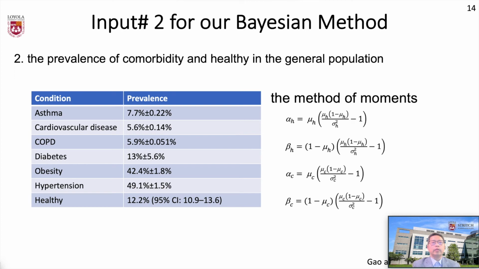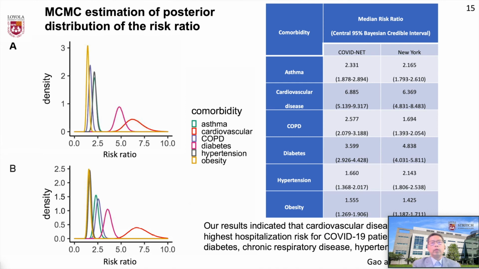Then we can use the method of moments to convert those prevalence information into the parameters for kappas in our Bayesian models. Then we use a Bayesian sampling technique called Markov chain Monte Carlo, MCMC, to obtain the posterior distribution of the risk ratio for each comorbidity.